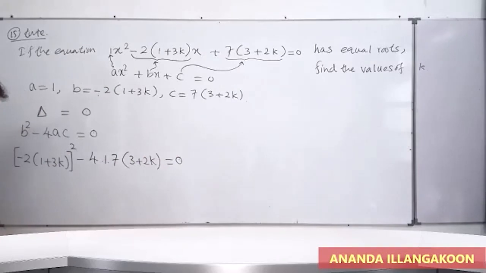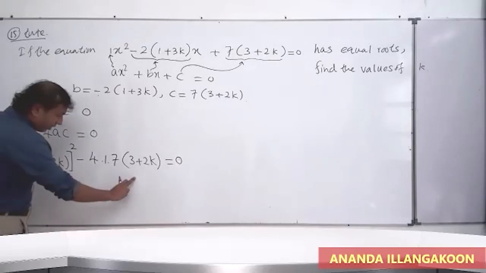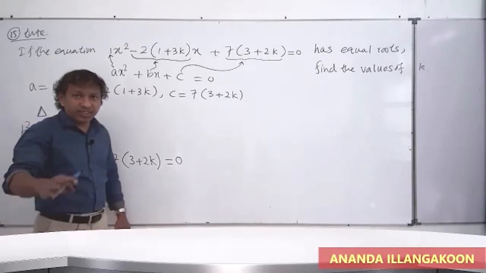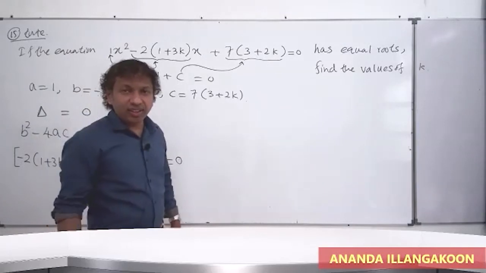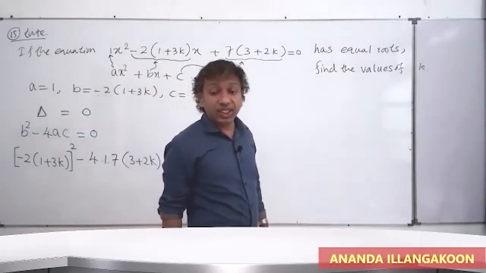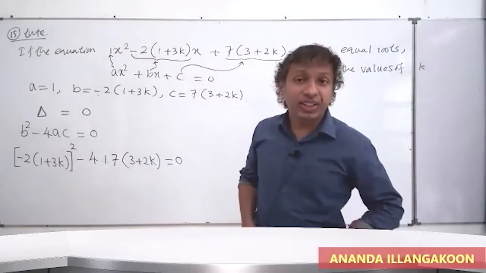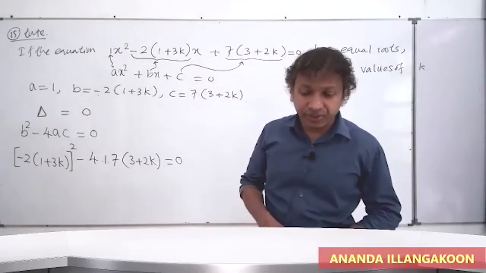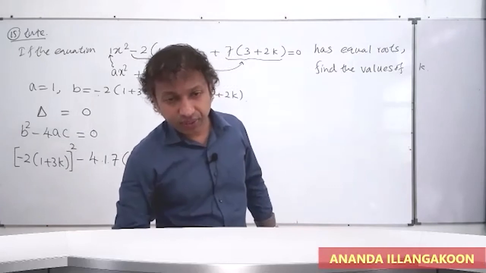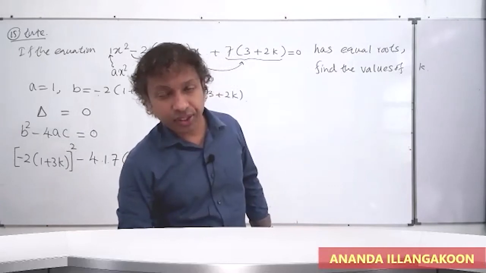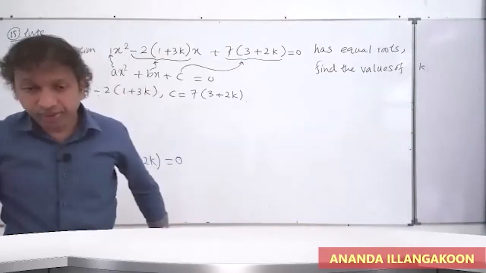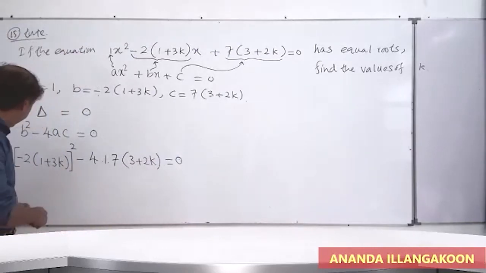Now square this and simplify the left hand side. Then we get, again, a quadratic equation in k. I'll give 2 minutes to simplify this. Hurry up. Give me the left hand side quadratic. Let's see, what do you get?